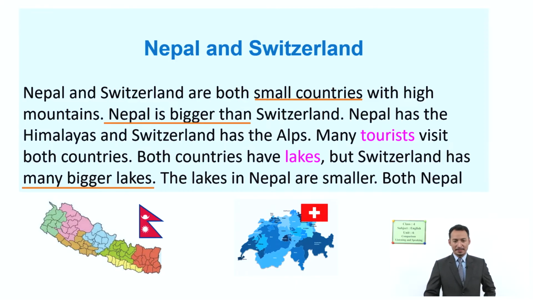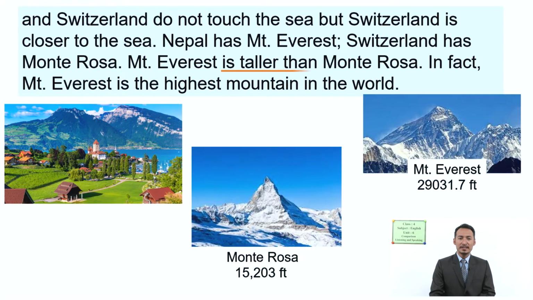Okay, students, now let me show you another paragraph here. Another sentence we have still here, the comparison. The lakes in Nepal are smaller here. Okay, that's the same thing again. And let me show you another paragraph, and it's about comparison of the mountains. Mountains of Switzerland and mountains of Nepal.